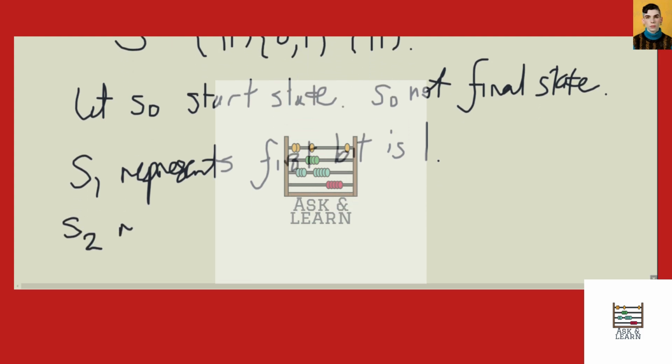State S2 represents that the second bit is a 1, and that the last two bits are 1, 1 as well.